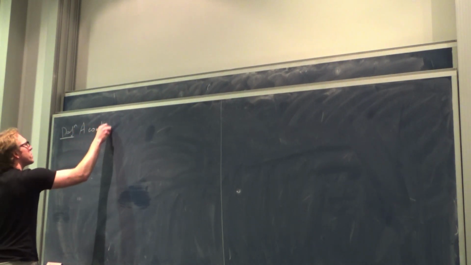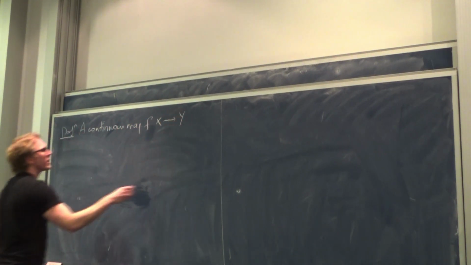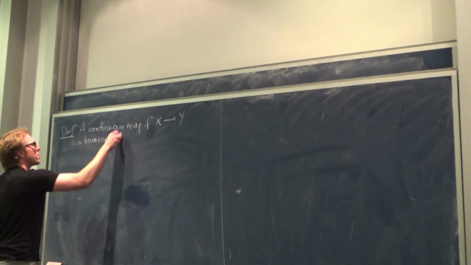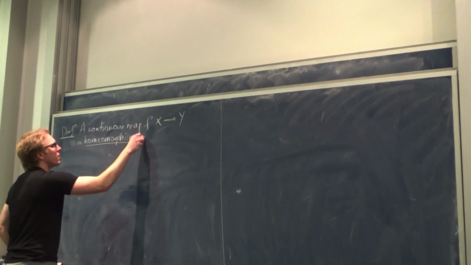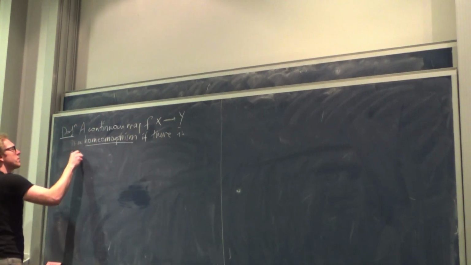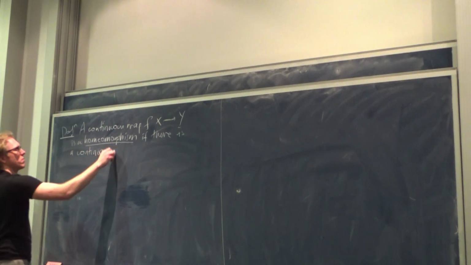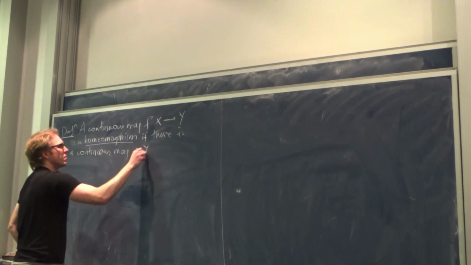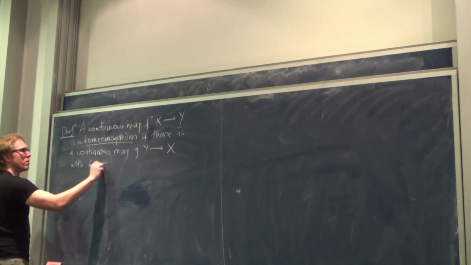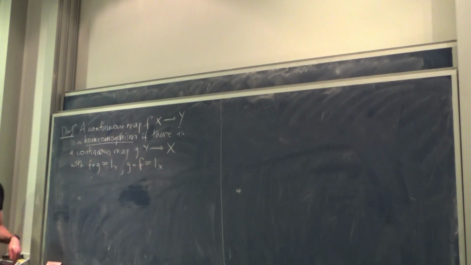So a continuous map f from X to Y is a homeomorphism if there is a continuous map going the other way with the composites in both directions equal to identities.